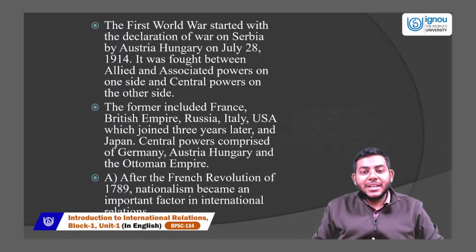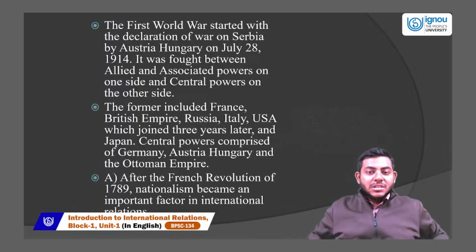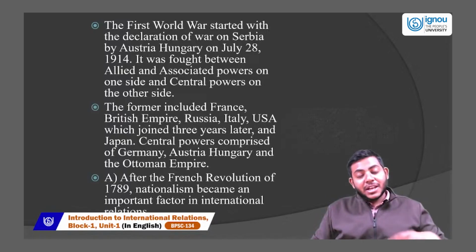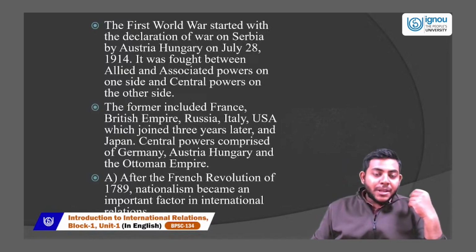Now, when he assassinated Archduke Franz Ferdinand, Austria-Hungary declared war on Serbia, and then Russia came to Serbia's aid, and Prussia came to Austria-Hungary's aid. Prussia, that is today's Germany.